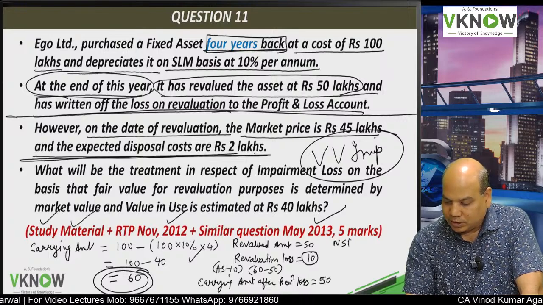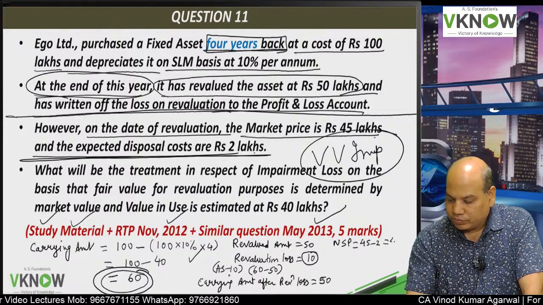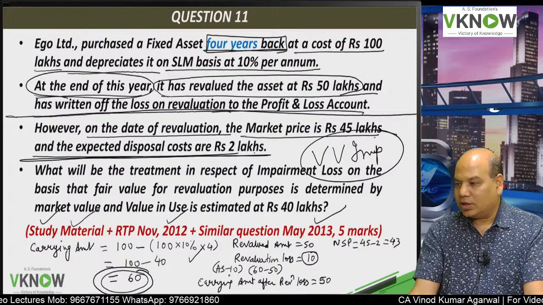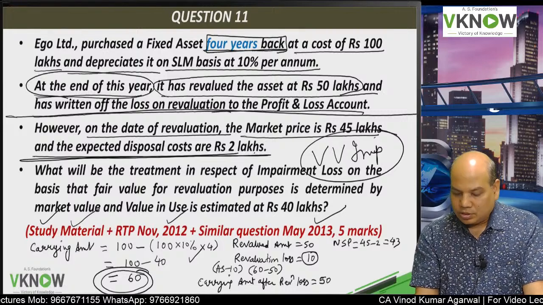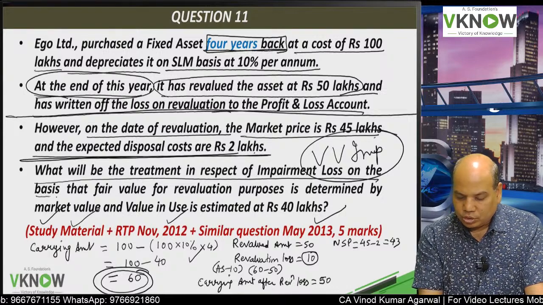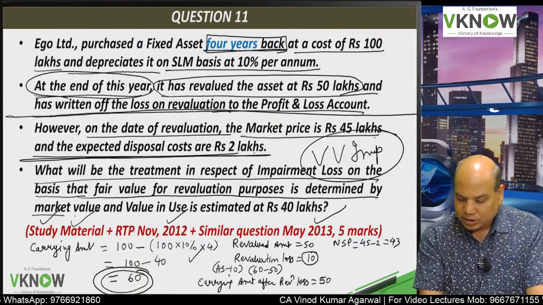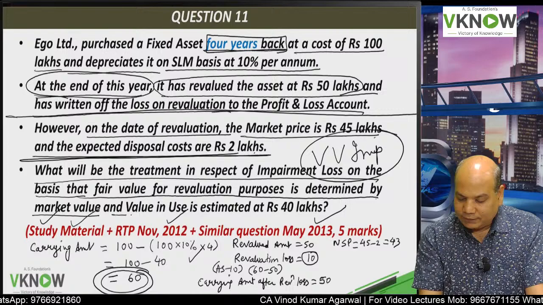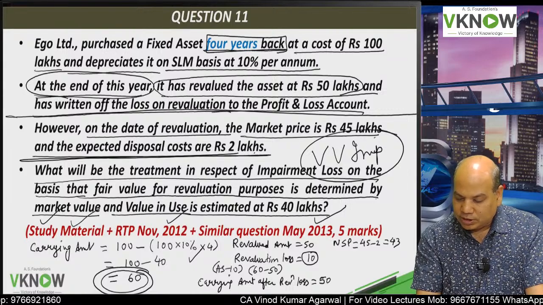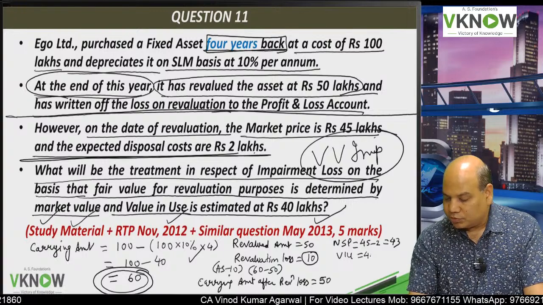So net selling price is 45 minus 2, which is 43 lakh. What will be the treatment in respect of impairment loss, on the basis that the fair value for revaluation purpose is determined by market value and the value in use is estimated at rupees 40 lakh?